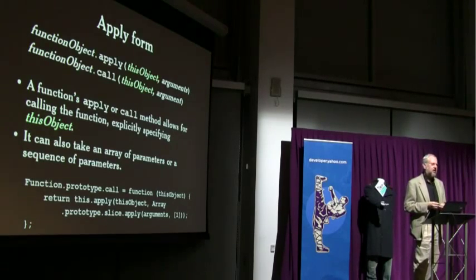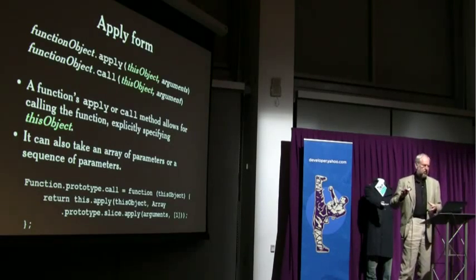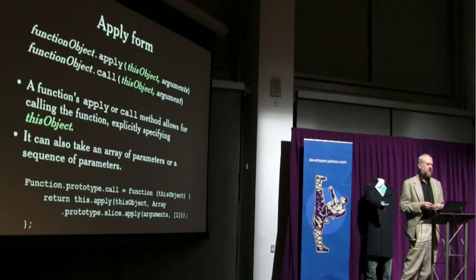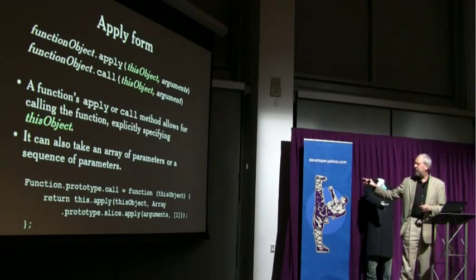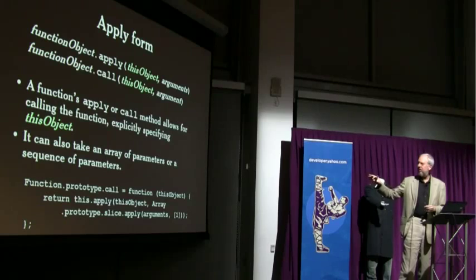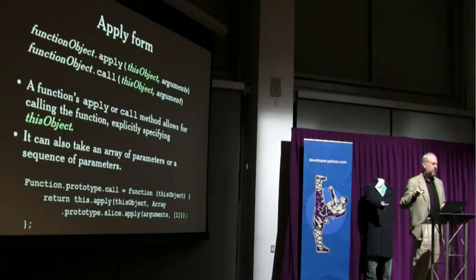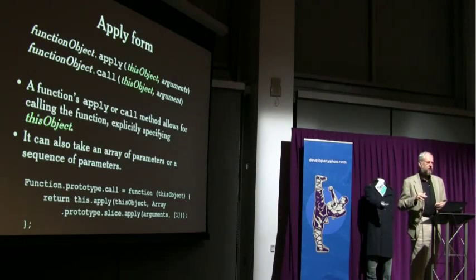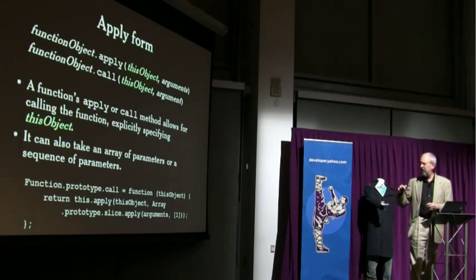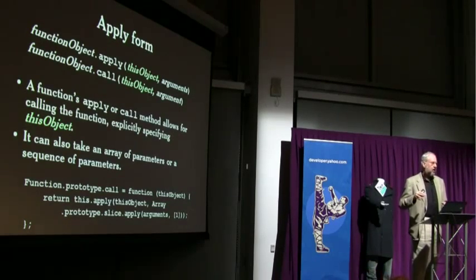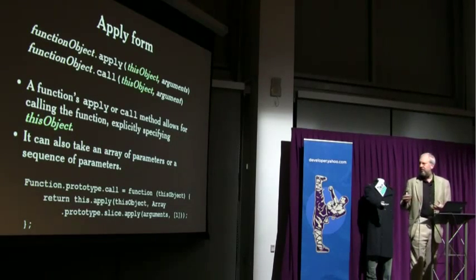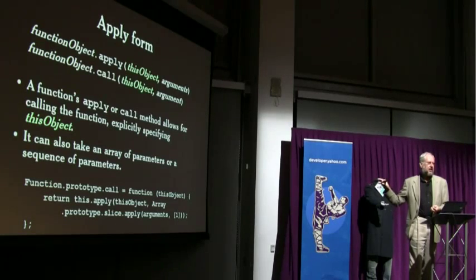I show how to define call in terms of apply, and also show a little bit of the ugliness that's caused by the fact that arguments is not a real array. So to implement call, I want to take all of the parameters that were passed, except for the first one, and I do that by using the splice method, except arguments doesn't have a splice method in ES3, so instead I have to go out and find it, and I know that I can find it at array.prototype.